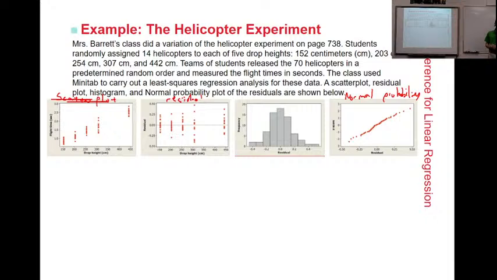Linear but not quite. So the L, linear. The best place I'm going to look is the scatter plot. Does the scatter plot look like a line that's going to fit the data? Yeah, looks like a line is going to fit the data. So that's my linear condition.